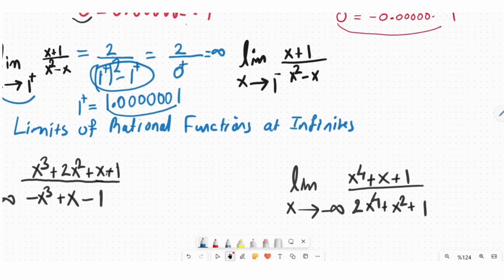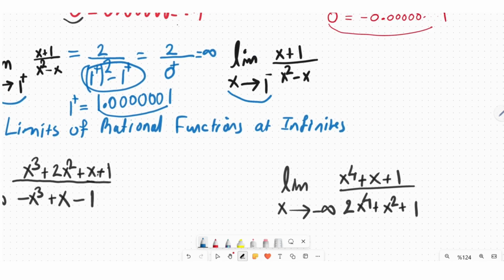Now consider the next example, but in this case we try to approach 1 from the left-hand side. We directly substitute x equal to 1 to the power minus: 1 over 1 to the power minus, squared, minus 1.